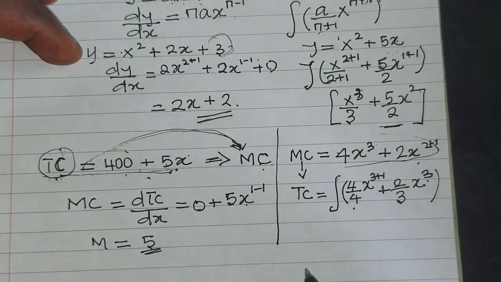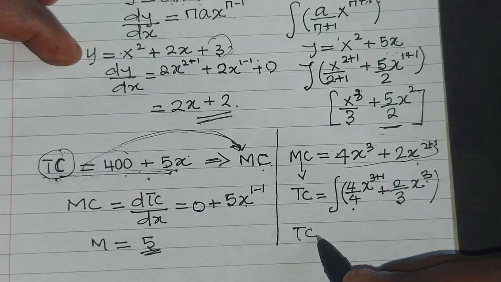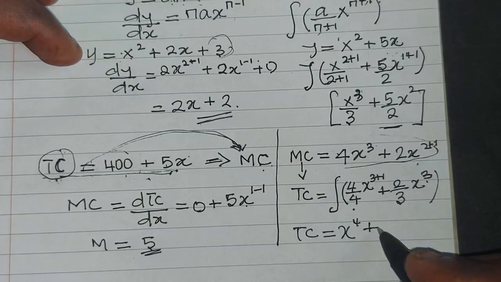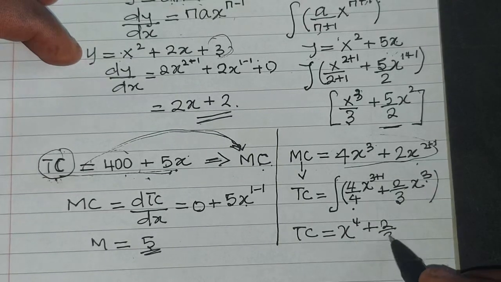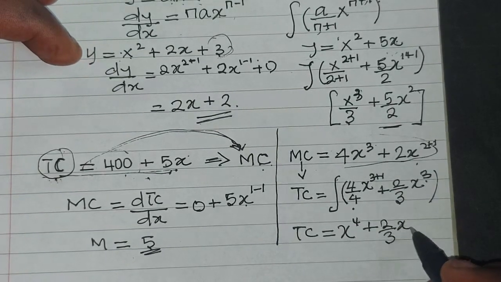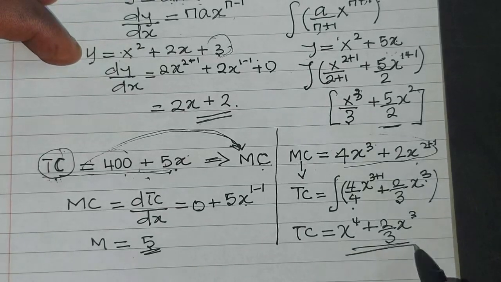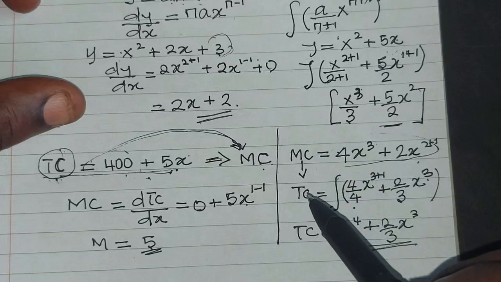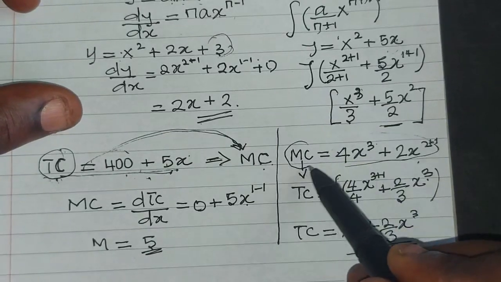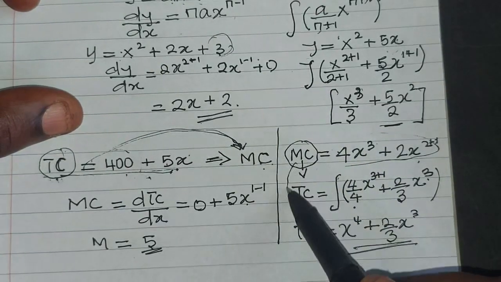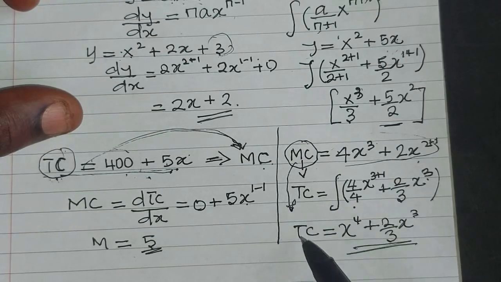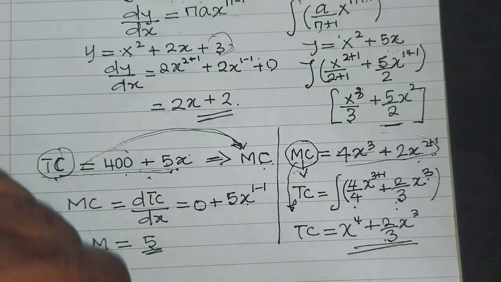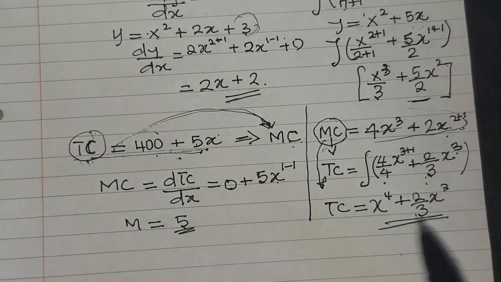So at the end of the day, our total cost function will be x raised to power 4 plus 2 over 3, x raised to power 3. So the general formula is: if you are given the marginal cost function and want to find the total cost, you integrate the marginal cost function. Students should take note of that.